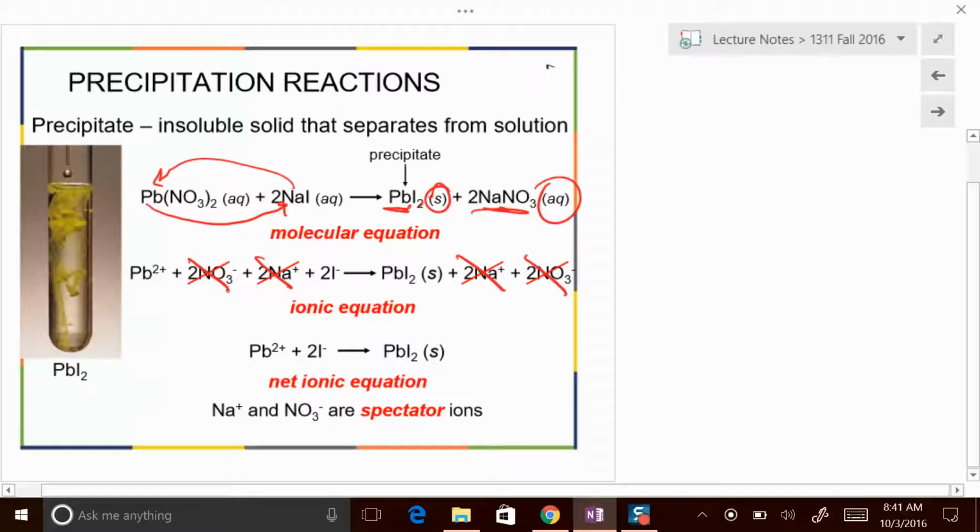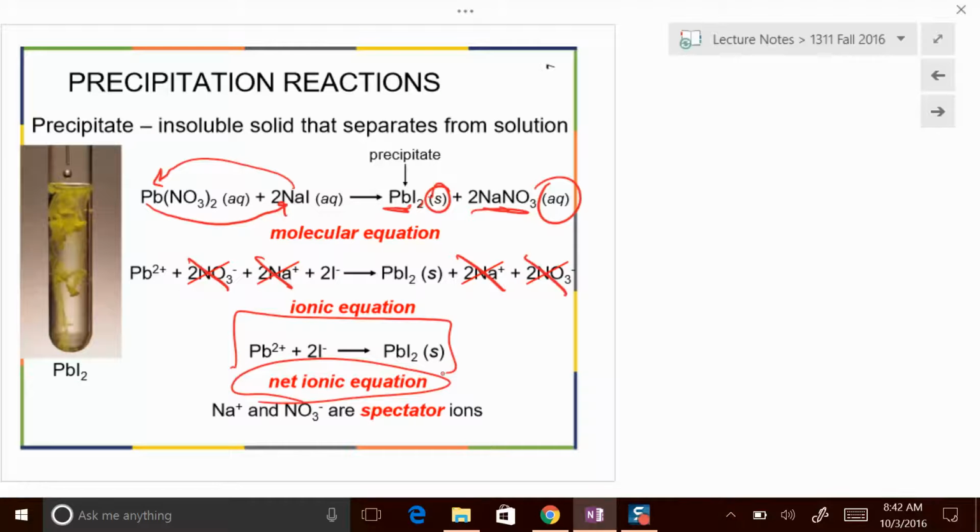That is the only reaction that occurred, and we call it the net ionic equation. You have to be able to write these. You have to be able to write the molecular equation, the ionic equation, and the net ionic equation. You have to be able to identify and write those.